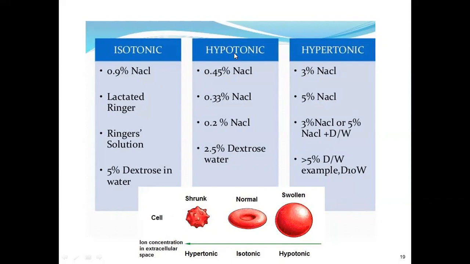Why is it hypotonic? I am talking about 0.9% saline, but here you see 2.5% dextrose in water. The content is different. With 5% dextrose in water, you have to compare with 5%. More than 5% dextrose in water is hypertonic, but less than 5%, for example 2.5% or half, dextrose in water is a hypotonic solution.